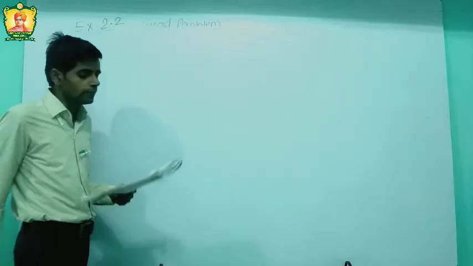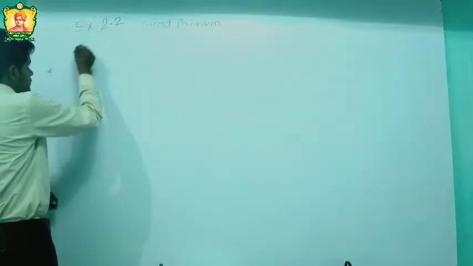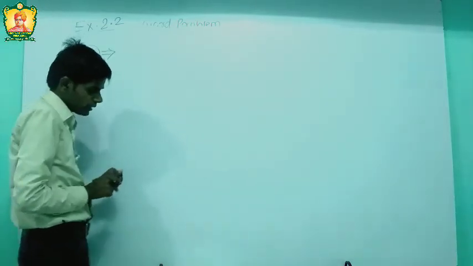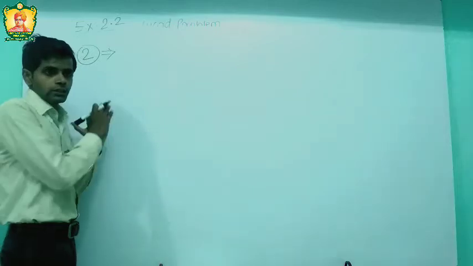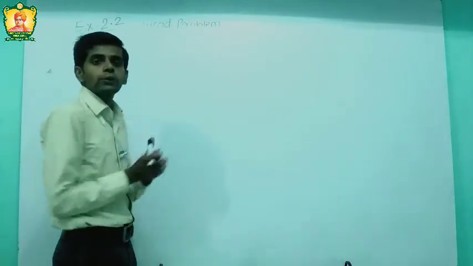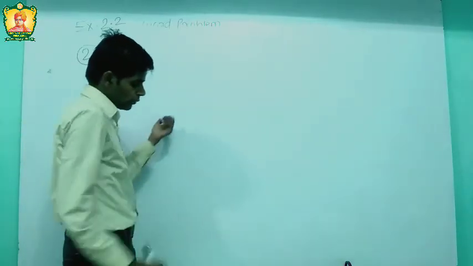Very easy. So let's write the statement of question 2. Write answers directly in your notebook. And properly write down exercise 2.2 at the upper side, question number 2 answer, or you can write the questions too. So let's solve the question. What is given to us?